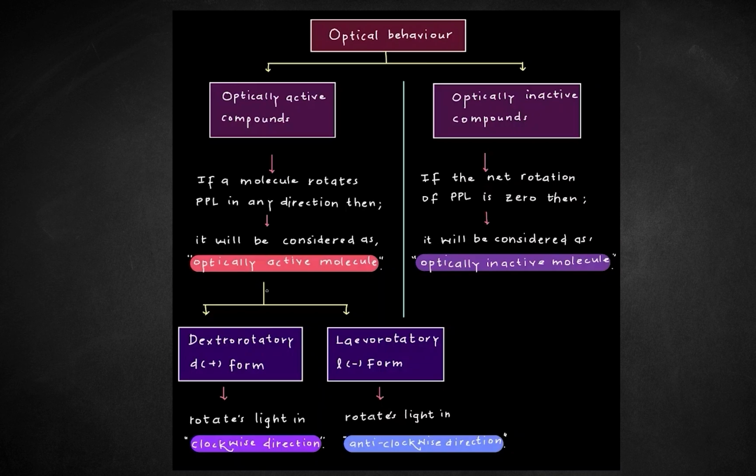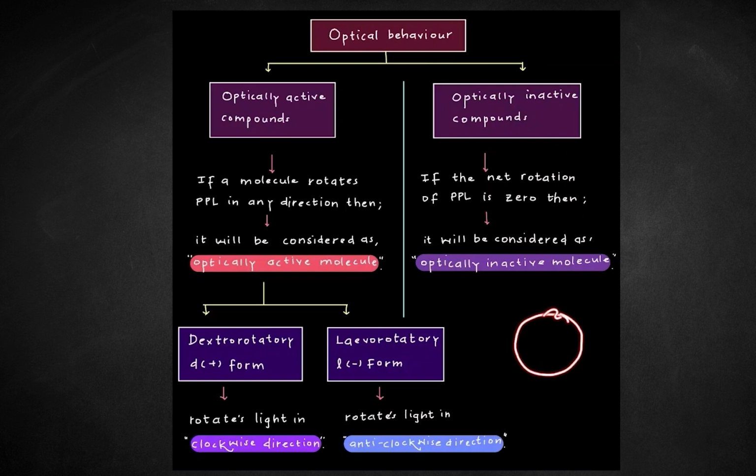Now when we are saying the molecule rotates light in any direction, see properly. If the plane polarized light is rotated in the clockwise direction, then the molecule is said to be dextrorotatory. It is written with small d or positive sign.